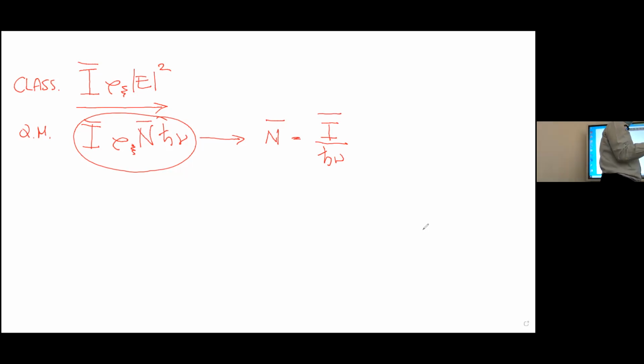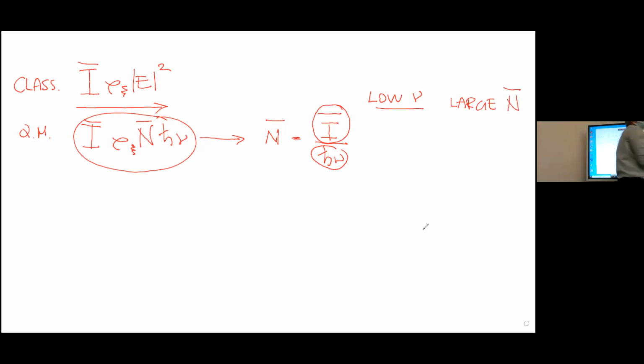What does it mean? If you have light at low frequency, for example, a radio wave, the energy that each photon is bringing is small. So for a given intensity, the number of radio wave photons is very large.